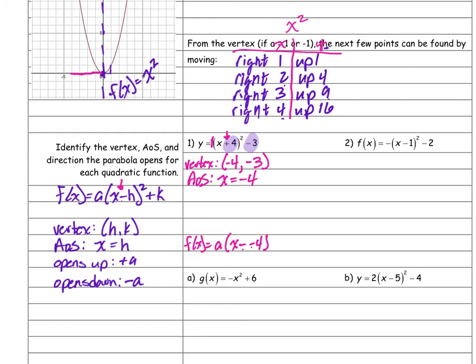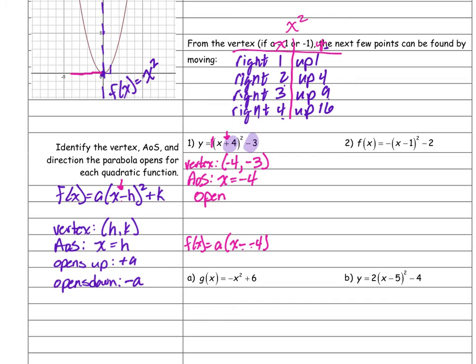And the last thing I need to know is which way this parabola is going to open. So which way does this open? Is A positive or negative? A is the number in front of the parenthesis. Is it positive or negative?